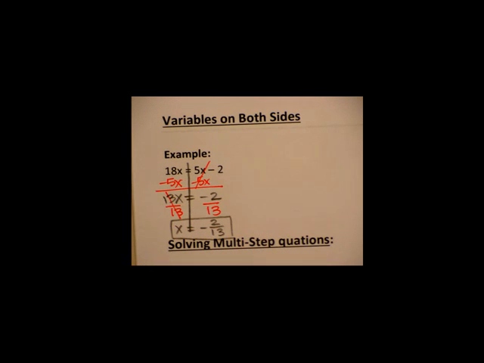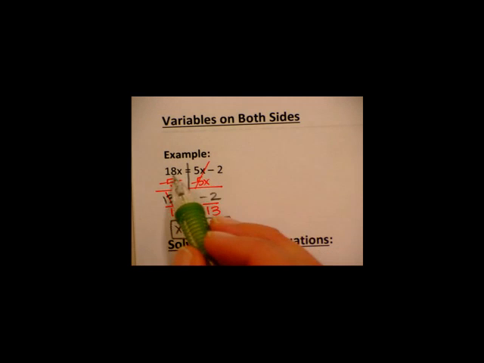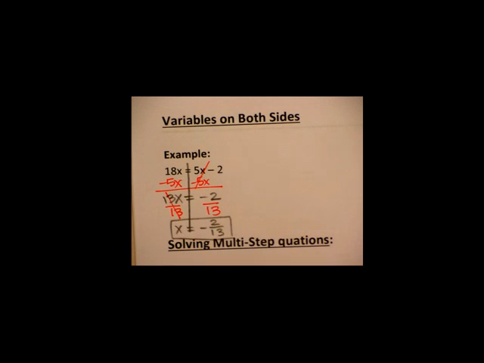So let's summarize our process. What exactly did we do? Well, when you have a variable on the left side and the right side, you need to get rid of one of them. It doesn't matter which one. And you are going to either add or subtract whatever that term is on both sides to make it go away.